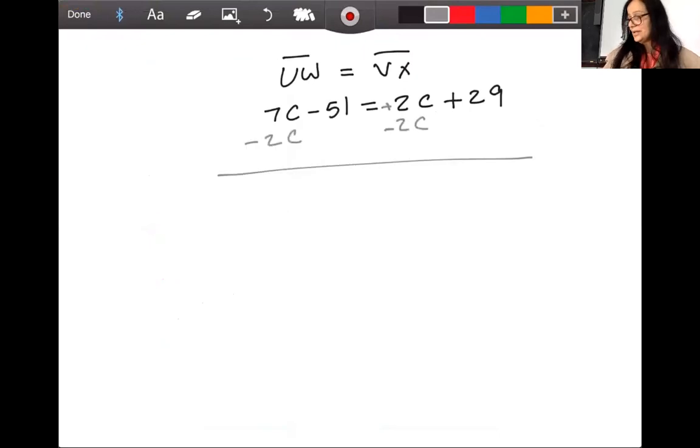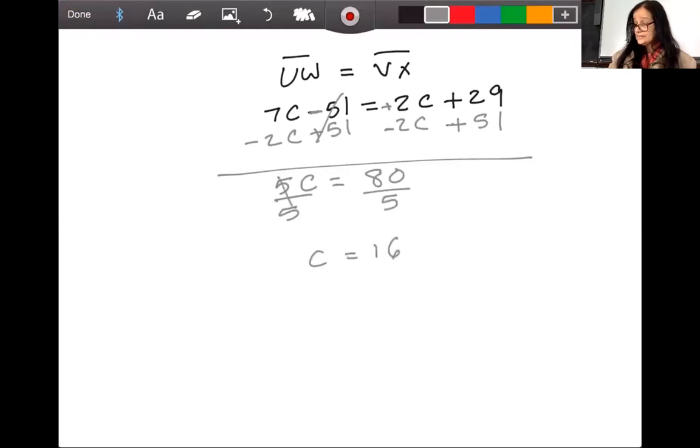And in the meantime, you can also see the opposite of negative 51 is positive, so you add 51 to both sides of the equation. So they cancel each other out. So 7 minus 2 is 5C, which should equal 29 plus 51, which is 80. So divided by 5, C has to equal 16.